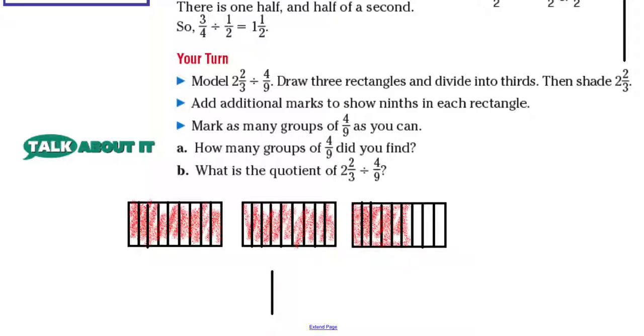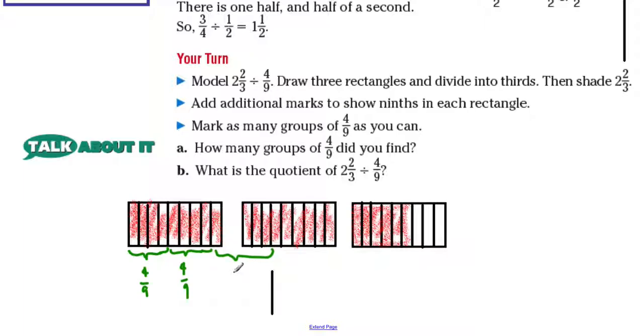So let's start marking those 4 ninths. 1, 2, 3, 4, that is 1. 1, 2, 3, 4, there you go. 1, 2, 3, 4, that is the second one, 4 ninths. Another 4 ninths, making sure all the way there.